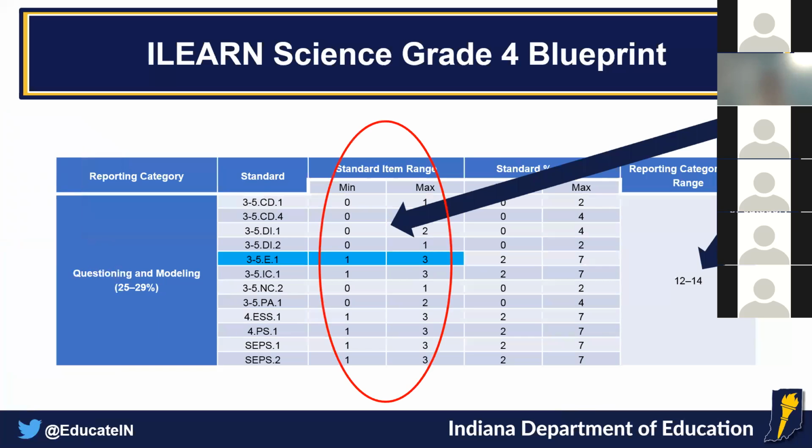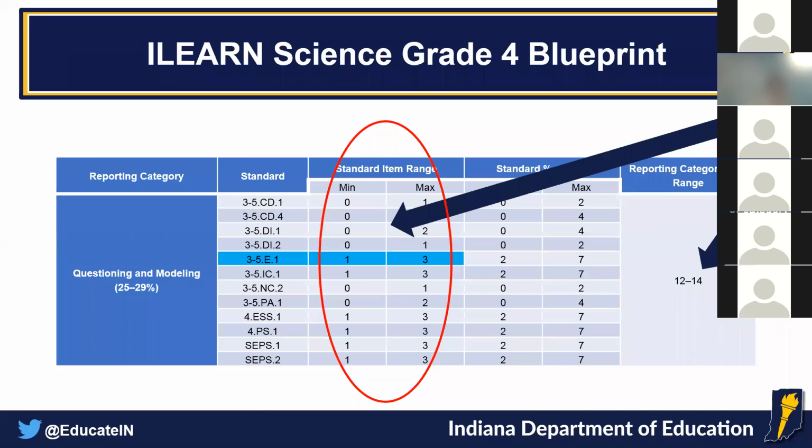The standard item range is where you start seeing where the teachers set those priorities. The minimum column is how many items as a minimum could be on the iLearn in a given year. So if a standard, for example, 3.5E1 highlighted there, has a minimum of 1, you know that every single year an item written to that standard will be present.